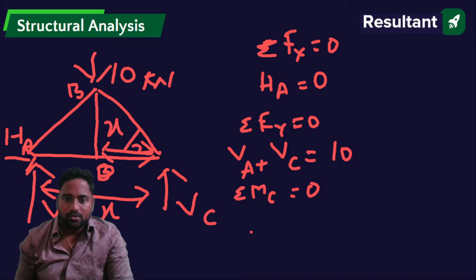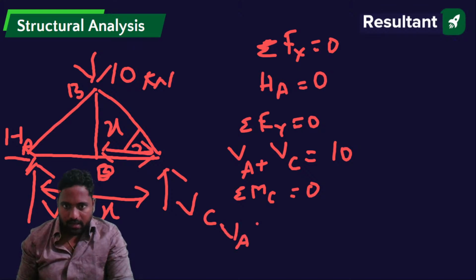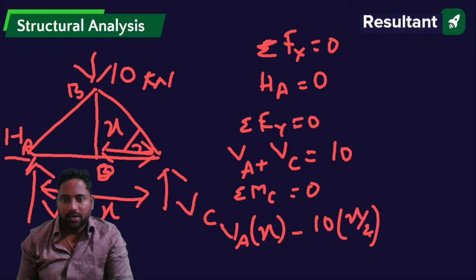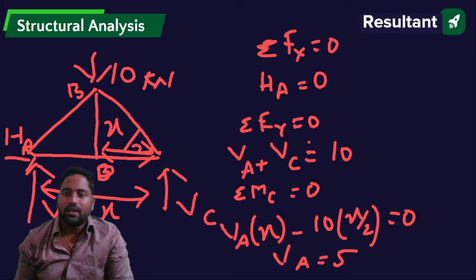So what you can write, VA multiplied by x minus 10 multiplied by x by 2 equals to 0. From this you can write, VA equals to 5. If I substitute here, then VC also equals to 5.